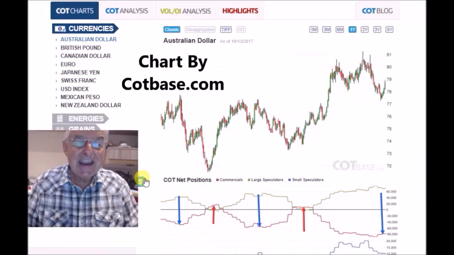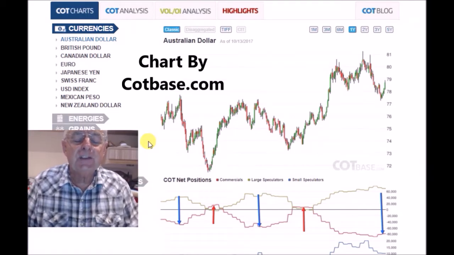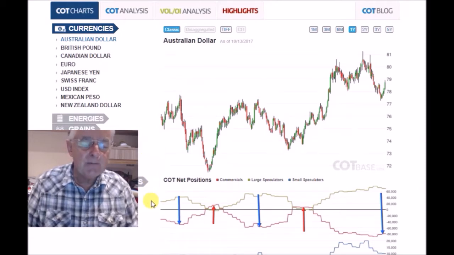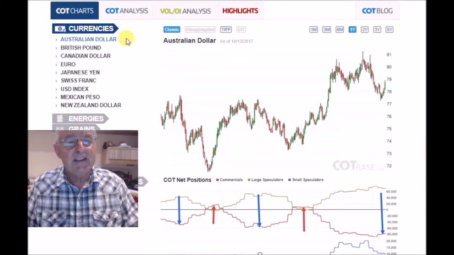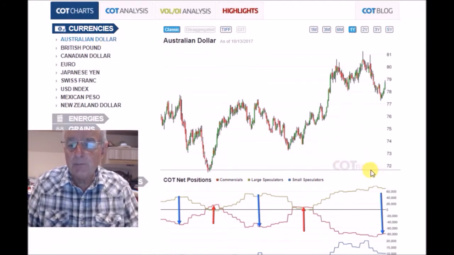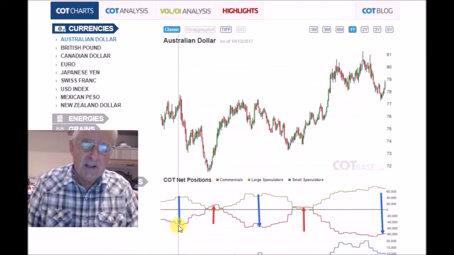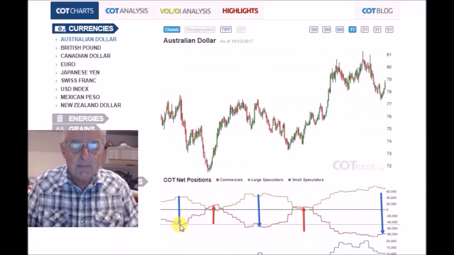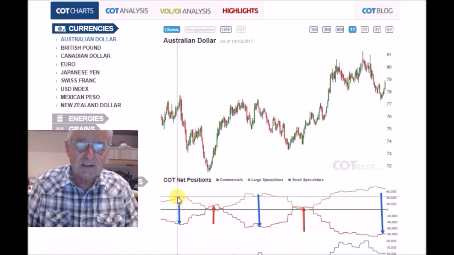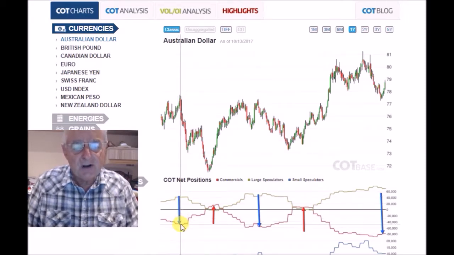Here we have a graph of the positions over 52 weeks, that's a year, for the Commitment of Traders of the commercials and non-commercials. This is for the Australian dollar. This chart is produced by cotbase.com. You can see here where we got to a low position with the commercials, and we're completely opposite to the speculators, who have a long position, so we're short.